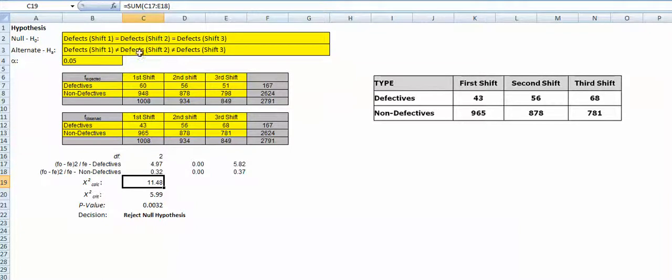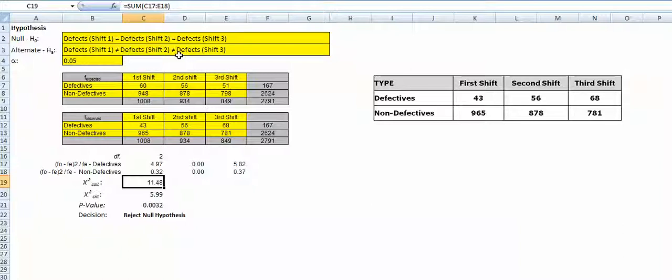And the null hypothesis that we've got equal defective rates on 3 shifts would not be a true statement based on the data that we've collected and the analysis that we've done. So at least one of the shifts, it would appear, has a defective rate higher than the other shifts.